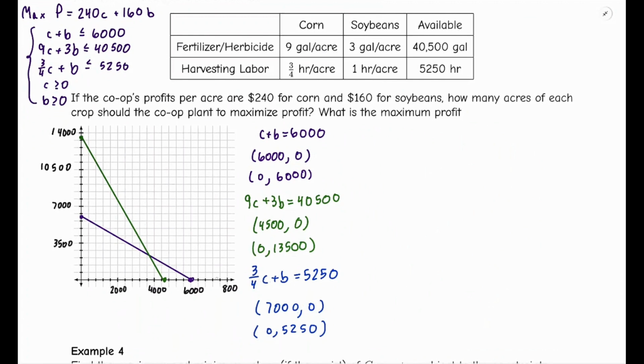Now if I do that, it is about right here and right there. Nope, sorry. Got that wrong. About right there. I did 7,000 on both.